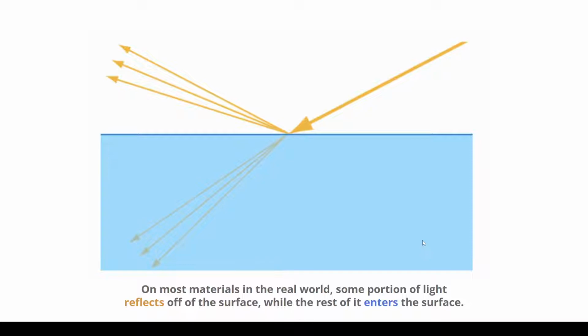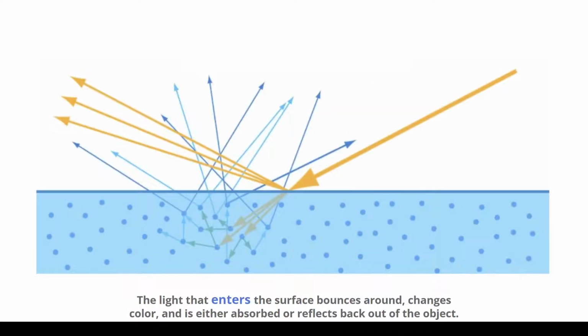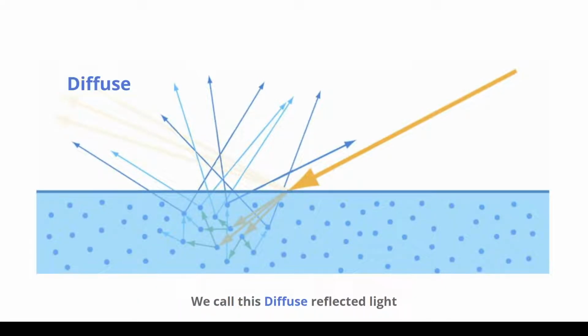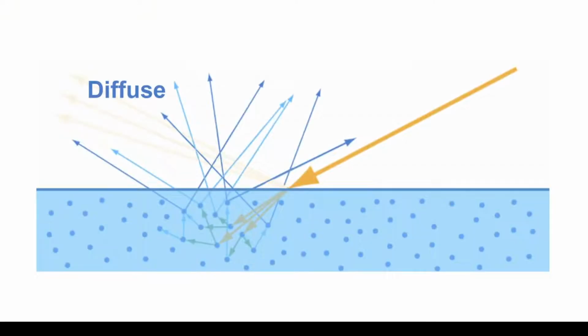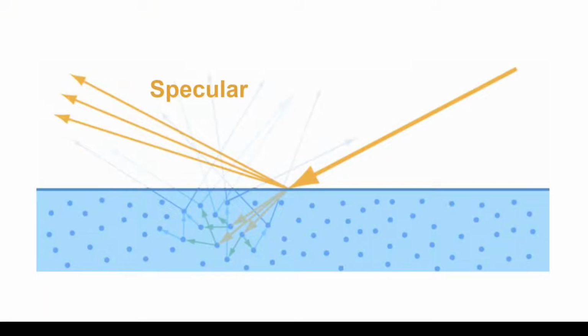So again, in most materials in the real world, some portion of light reflects off the surface while the rest enters the surface. The light that enters the surface bounces around, changes color, and is either absorbed or reflected back out. That's the diffuse. And the light that doesn't enter the surface and bounces off of the surface is the specular. So we have the diffuse and the specular.